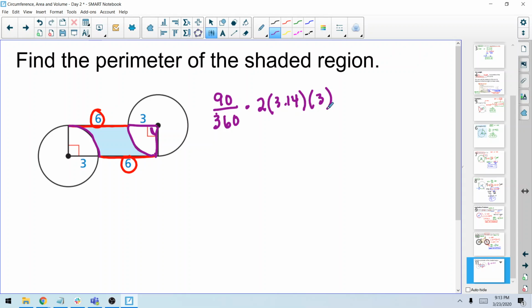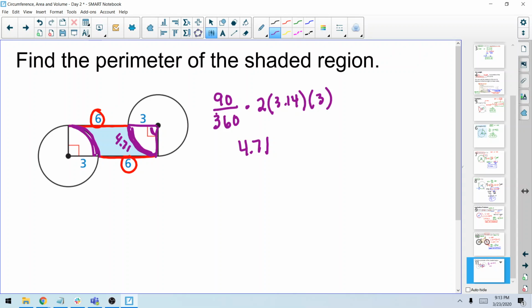That will tell me the arc length of this purple part right there. So grab your calculator, 90 divided by 360, hit enter, times 2 times 3.14 times 3, 4.71. So this distance, 4.71.